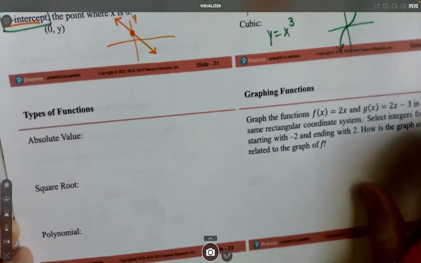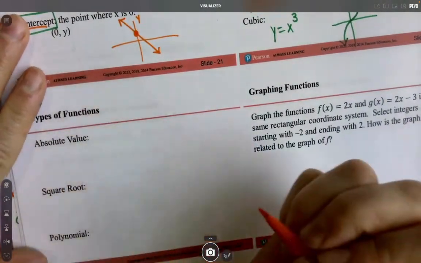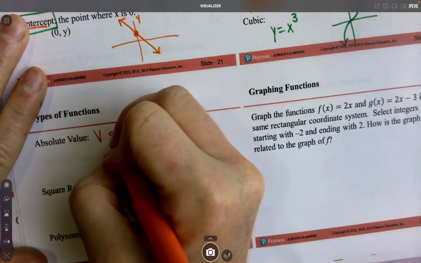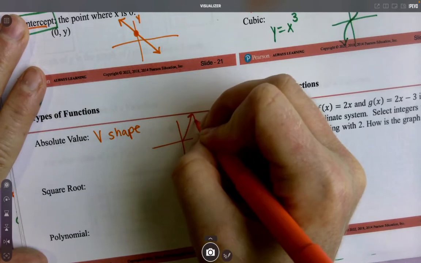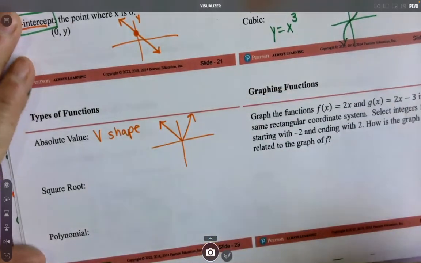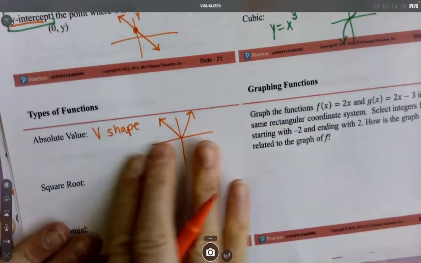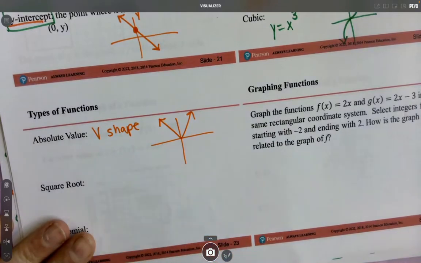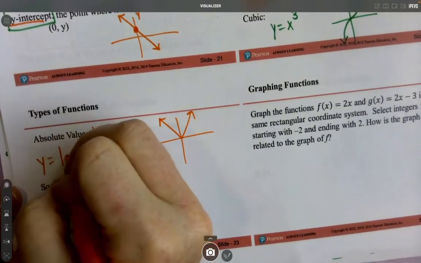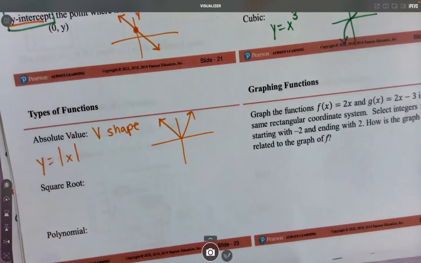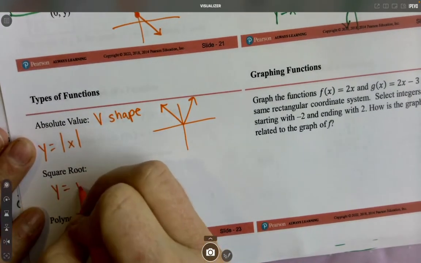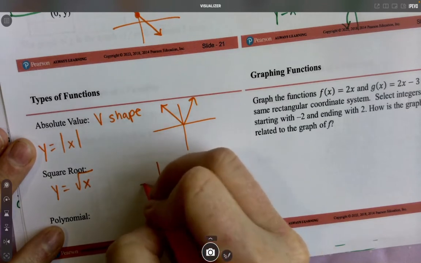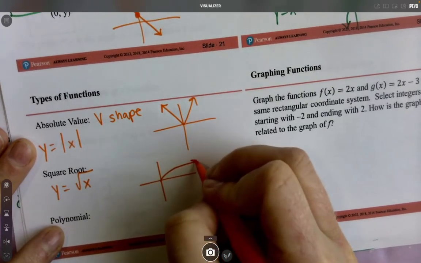Absolute value is going to look like a V. It's not going to be in the bottom unless there's a negative x squared. So it's going to look like this. Square root, it's going to look like this.